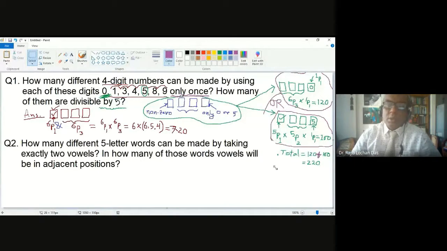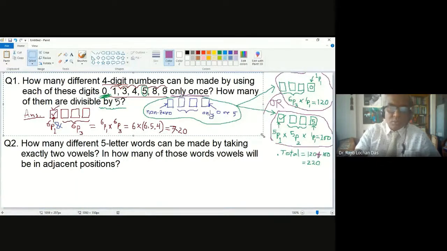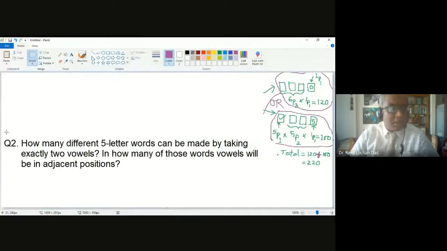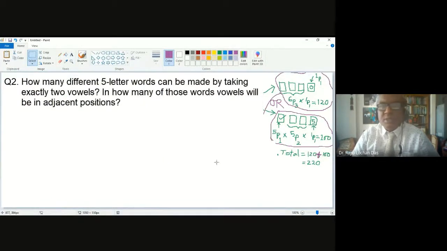Okay, so let us go to the second problem. Now think about the second problem. What is the second problem here? It is again a permutation problem. So in this case, the alphabetic letters are taken. Alphabetic letters means 26 letters you have in the English alphabet.